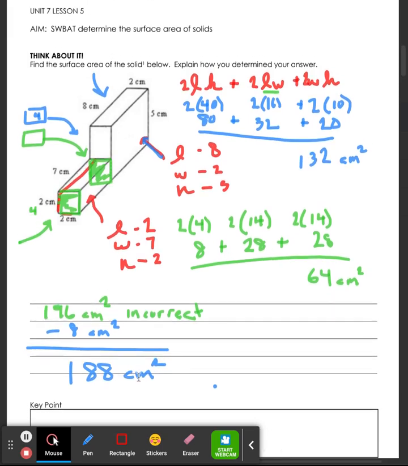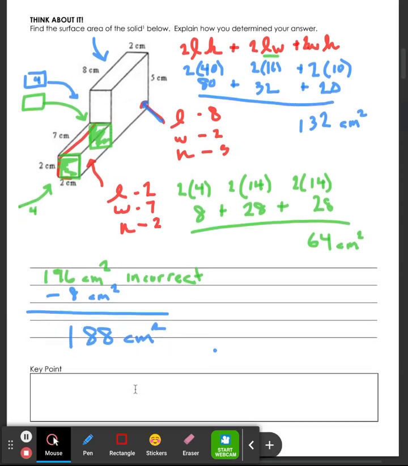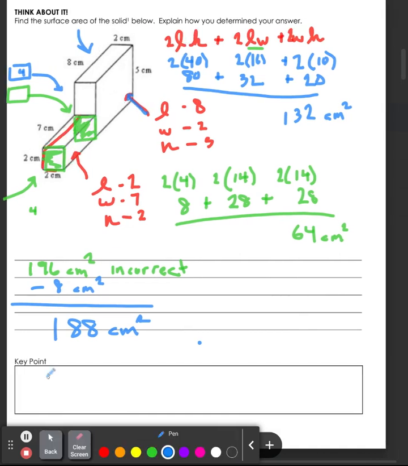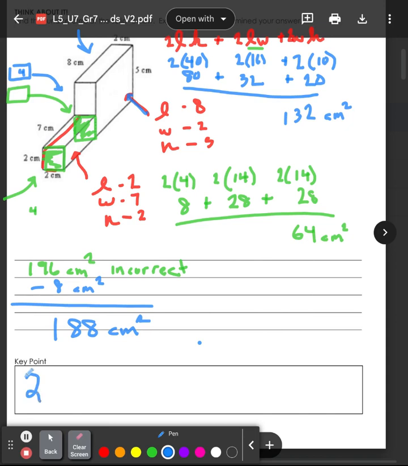Now, the key point, similar to what we saw in the last lesson, is that surface area can be added and subtracted. The formula that we want to make sure that we're remembering is 2 times length times height plus 2 times length times width plus 2 times width times height.